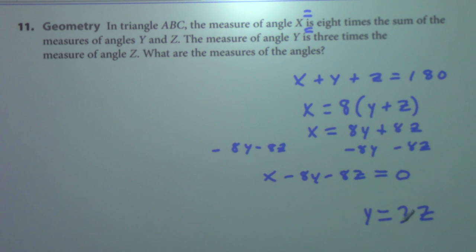And for the last one, y equals 3z, to get a number on the right side, how about subtract 3z? So we have y minus 3z is equal to 0. Now we have a system we can put in like this: 1, 1, 1, 180.